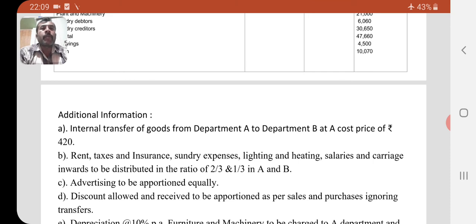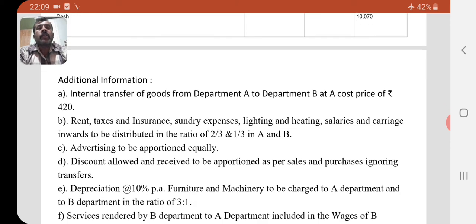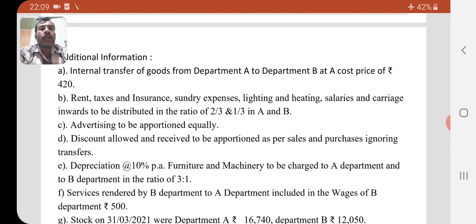Rent, taxes and insurance, sundry expenses, lighting and heating, salaries and carriage inwards are to be distributed in the ratio of 2/3 and 1/3 between A and B. Next, advertising to be apportioned equally. Next, discount allowed and received to be apportioned as per sales and purchases, ignoring transfers.